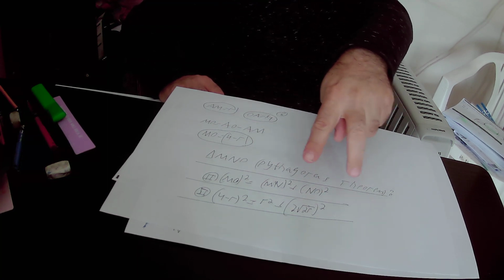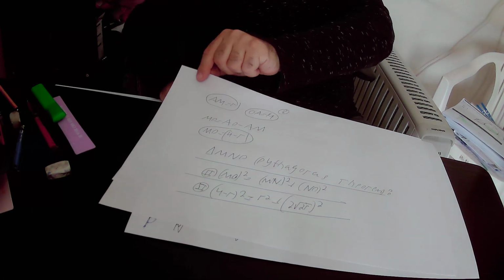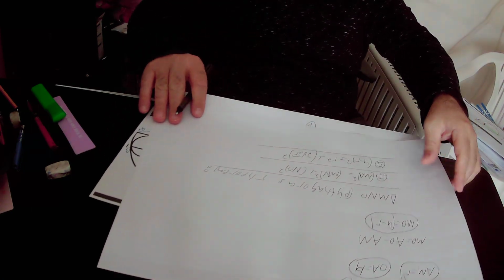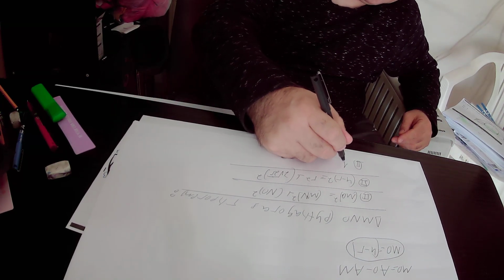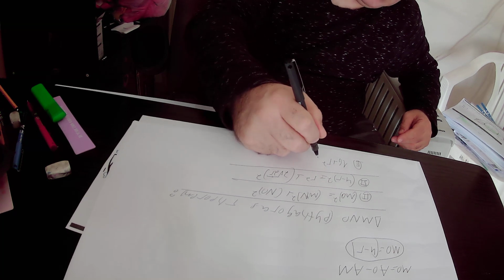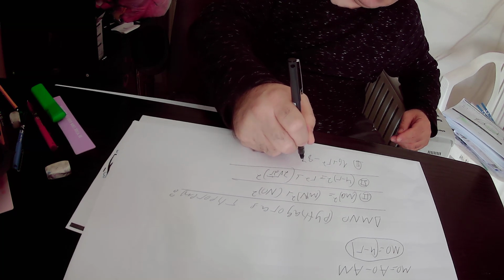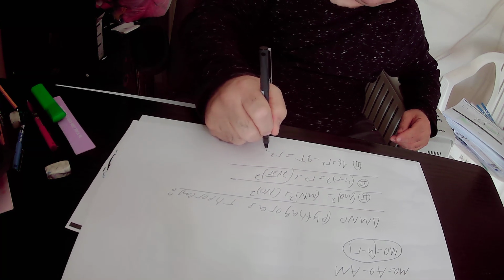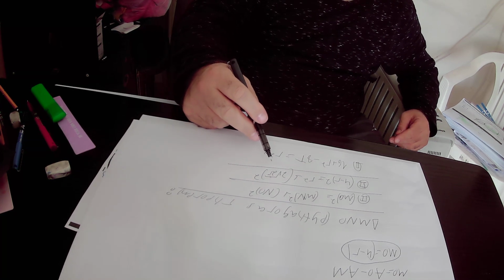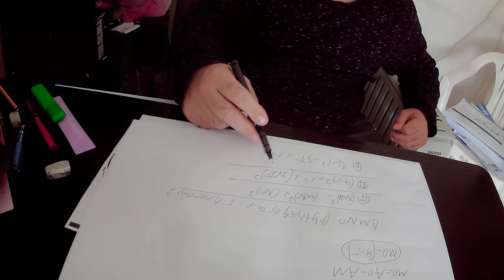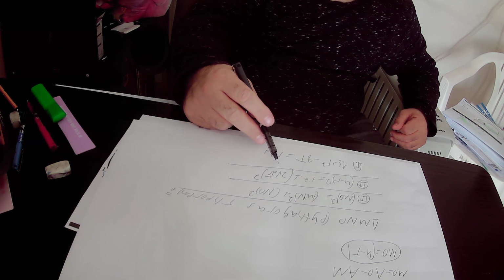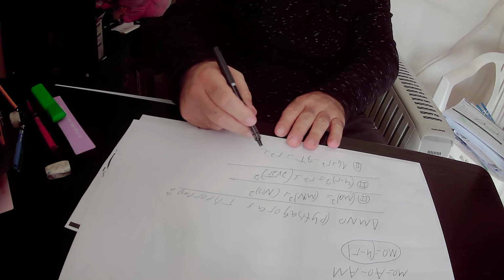Here we will open the brackets on both sides of equation number 2, and we will get that 4 minus R square is 16 plus R square minus 8R, and it equals R square plus the square of 2 times square root of 2R. The square of 2 is 4, the square of root 2R is 2R, and 4 times 2 is 8, so in total this expression equals 8R.